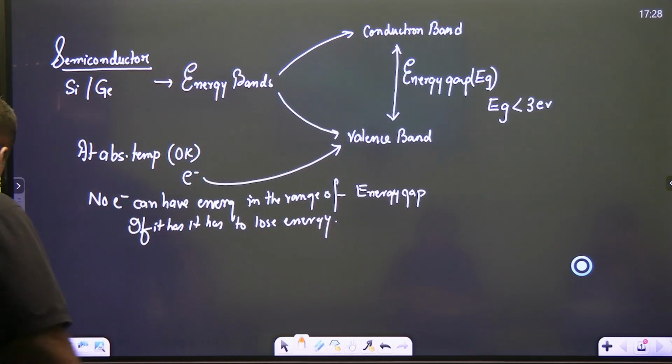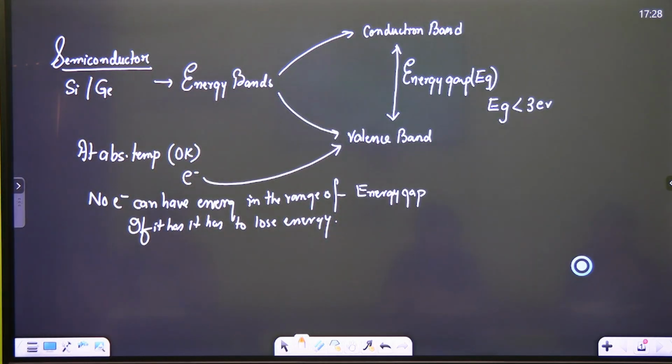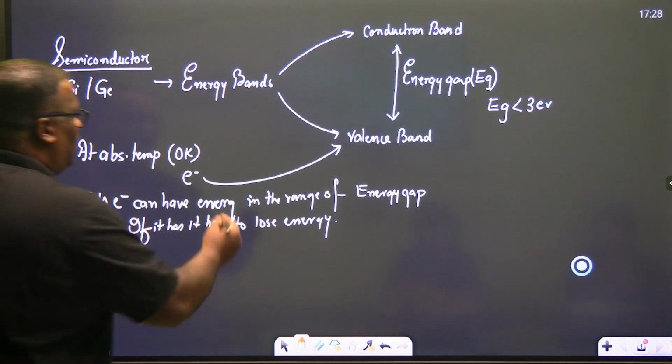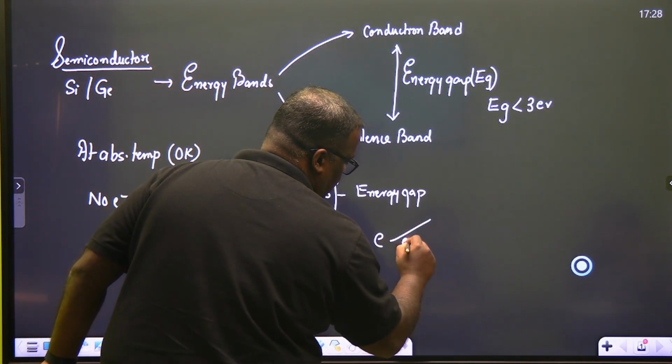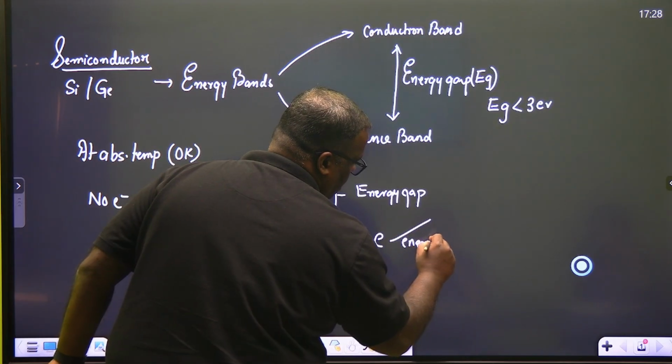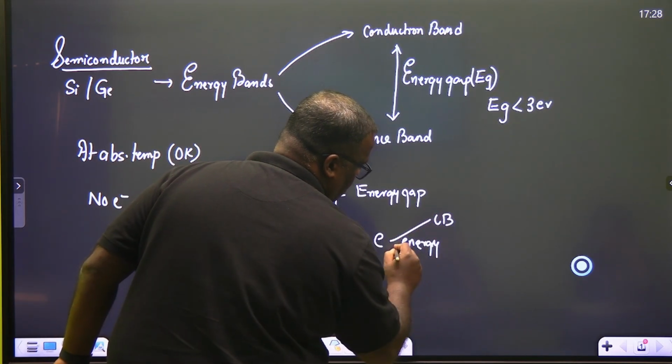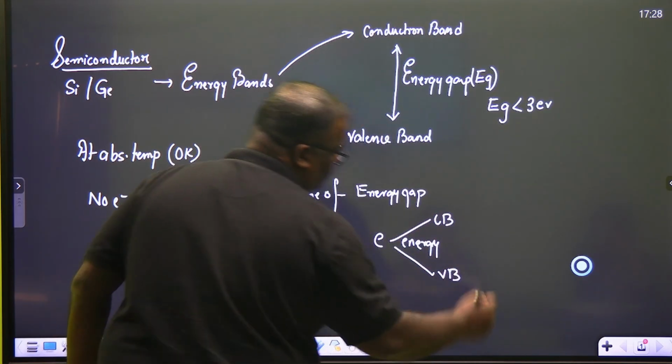right? And further we said, if you are an electron, your energy can belong either to conduction band or it can belong to valence band.